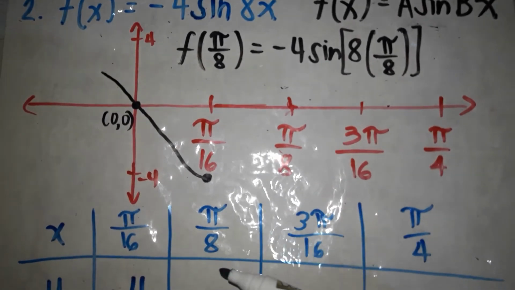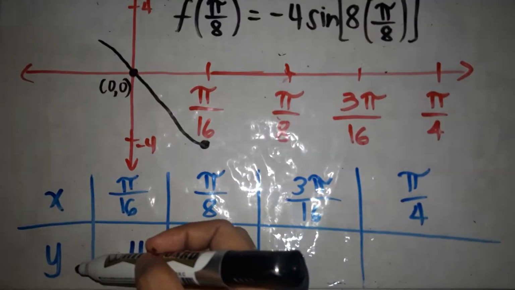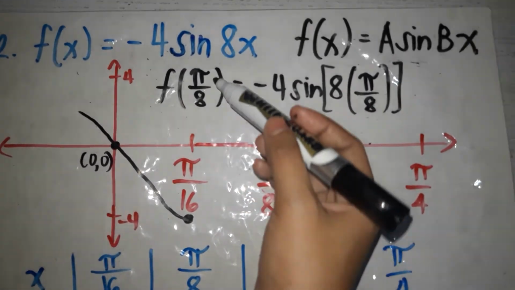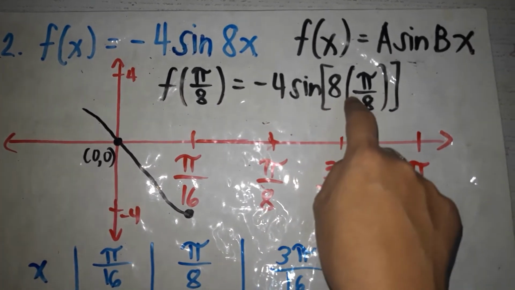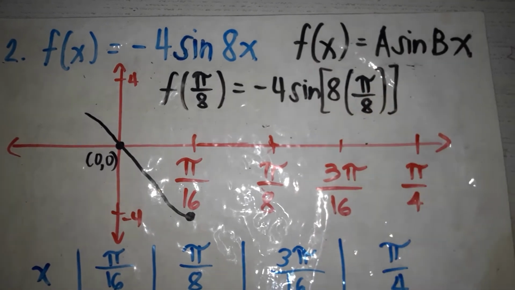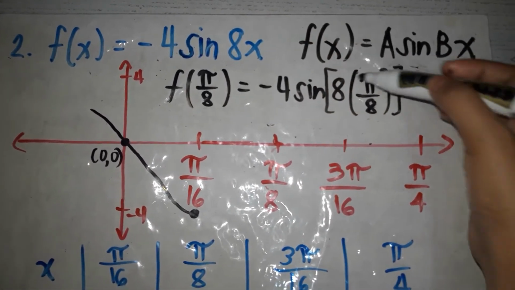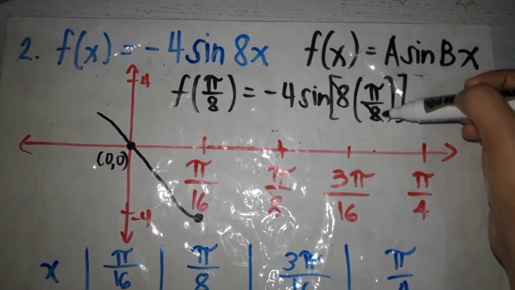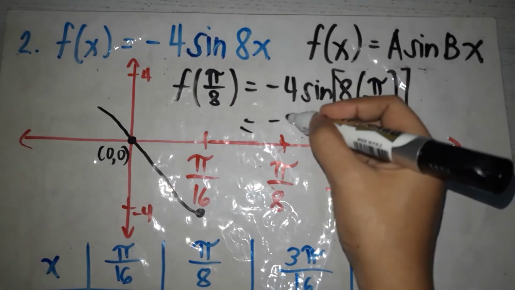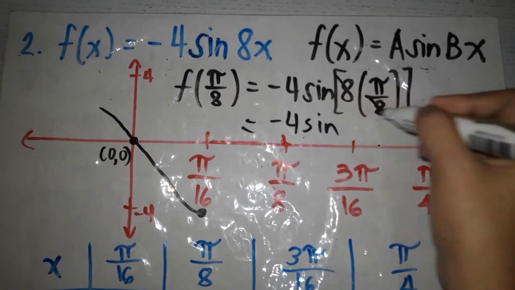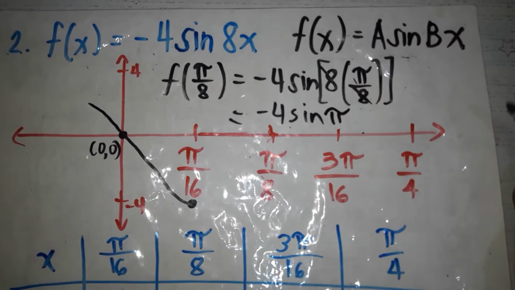Okay, next we have the value of x, pi over 8. Let's solve for y. F of pi over 8 equals -4 sine of 8 times pi over 8. Again, replace x with pi over 8. We may cancel: 8 divided by 8 is 1. Therefore, we have -4 sine pi.